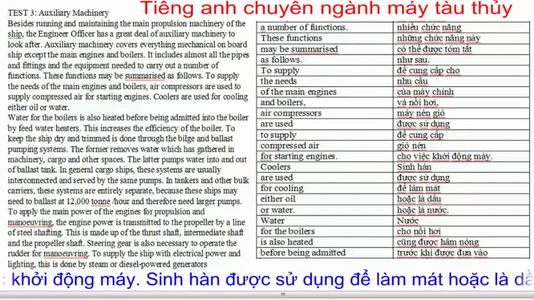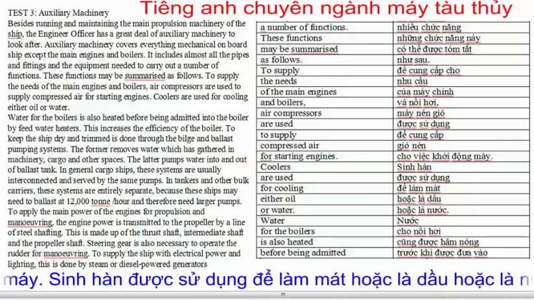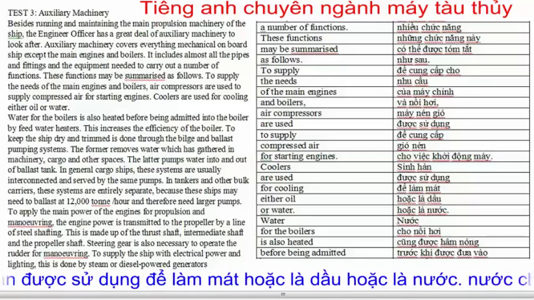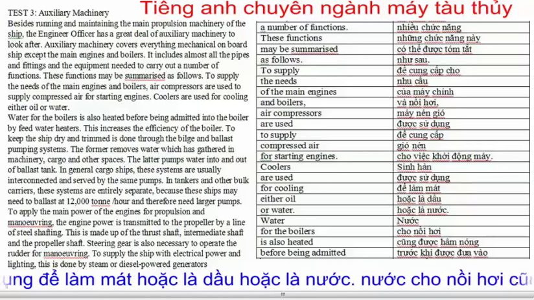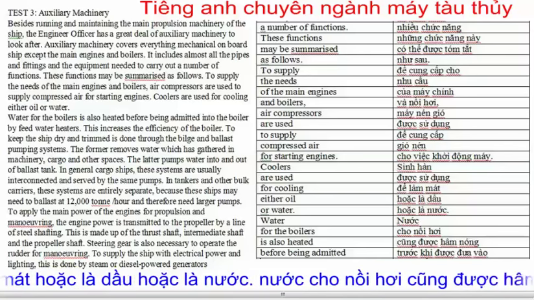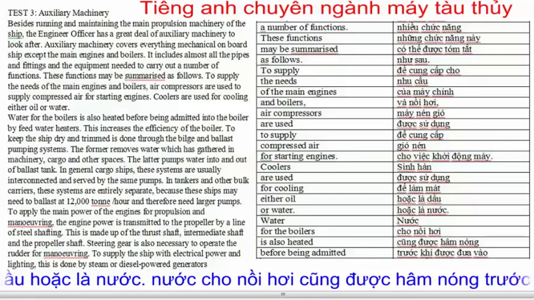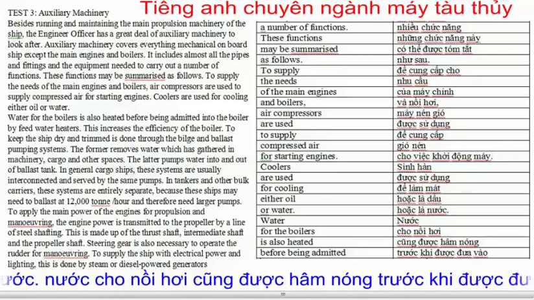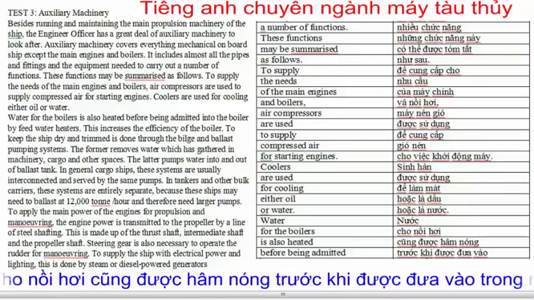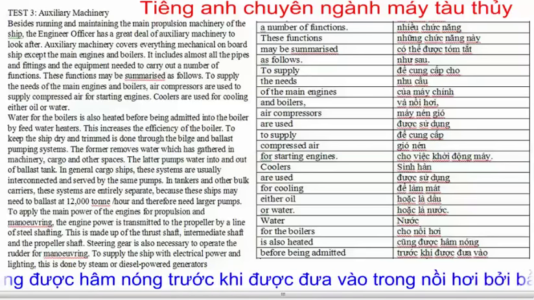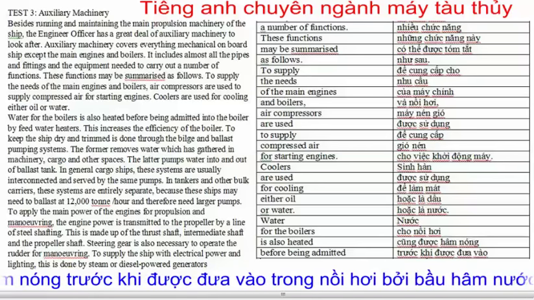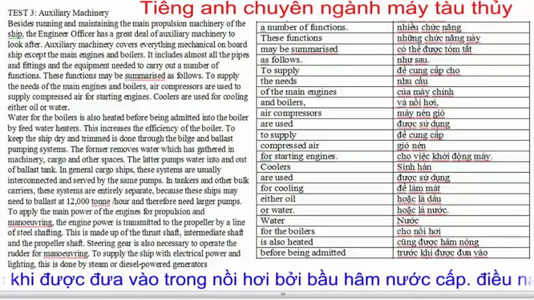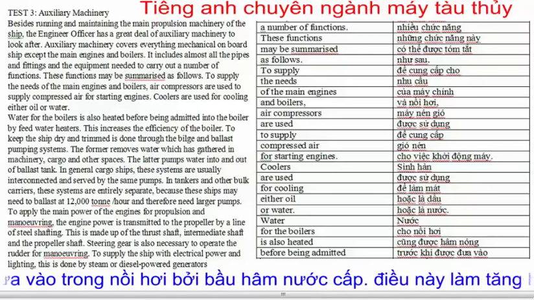To supply the needs of the main engines and boilers, air compressors are used to supply compressed air for starting engines. Coolers are used for cooling either oil or water.